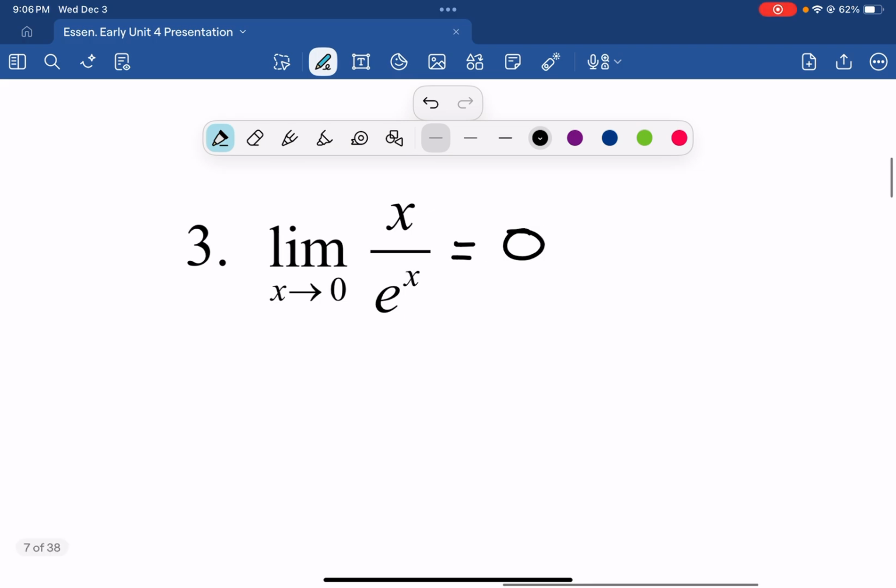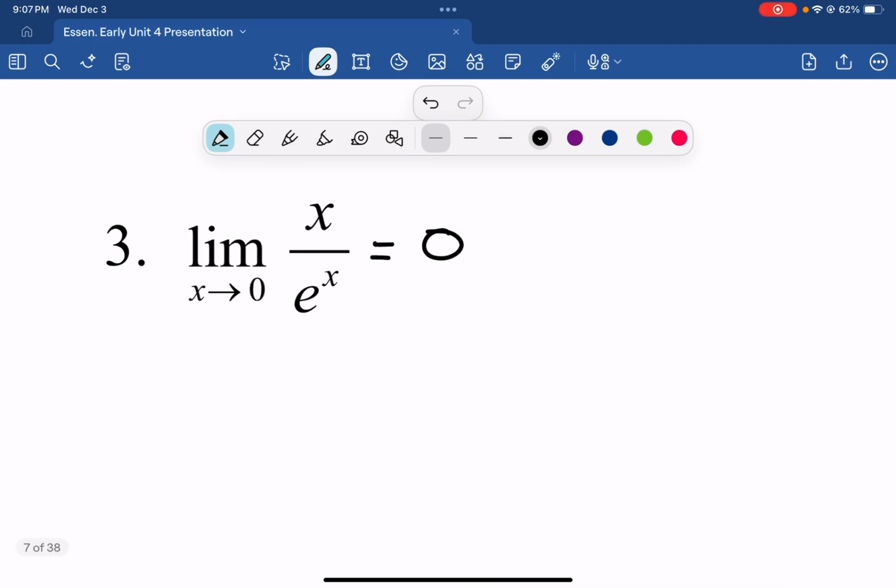Okay. So number 3, even though it looks like problems 1 and 2 that we just did, it doesn't get that indeterminate form. Okay. So you do have to kind of keep an eye on it, for these lookalikes.